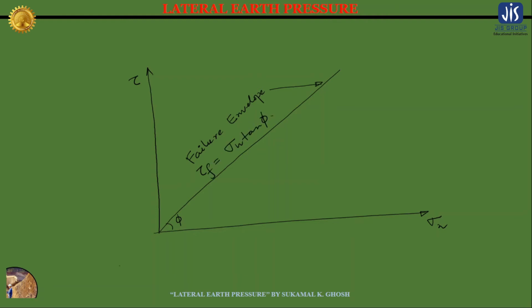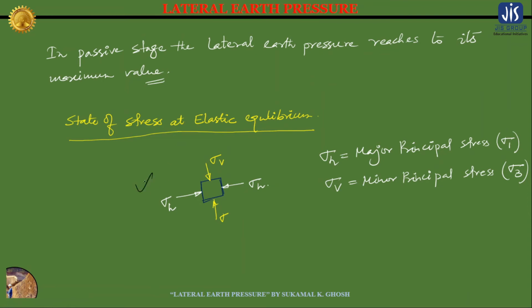Okay, now when the sheet pile was at rest, meaning when the soil wedge was in a stable condition, meaning when the soil is in elastic equilibrium, then this was its state of stress, right, where this sigma h is the major principal stress and sigma v is the minor principal stress. This will be sigma v.